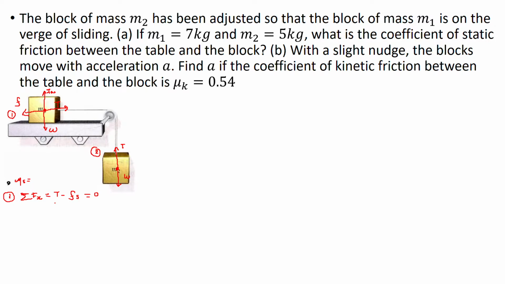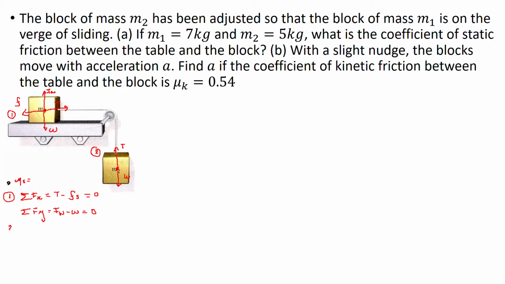For the y-axis, the sum of all the forces in y is going to be equal to the normal force minus the weight, and that's going to be equal to 0.